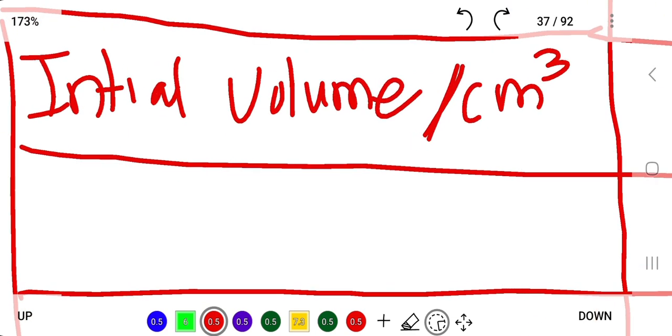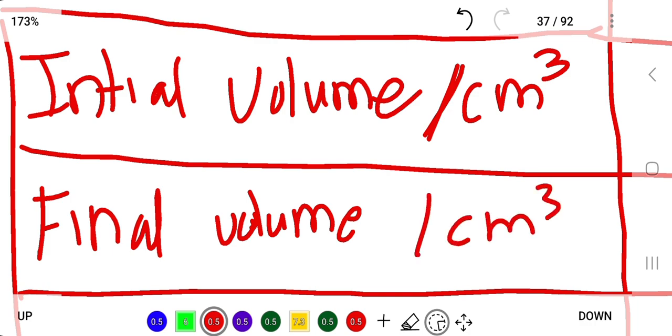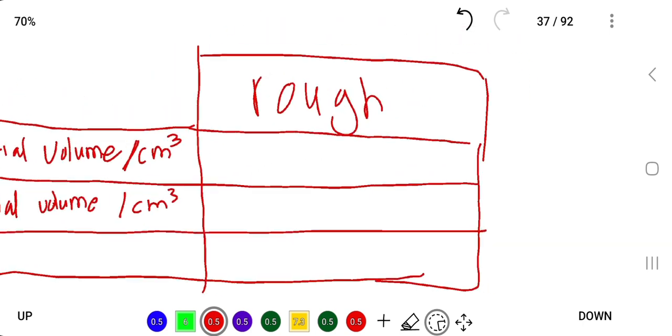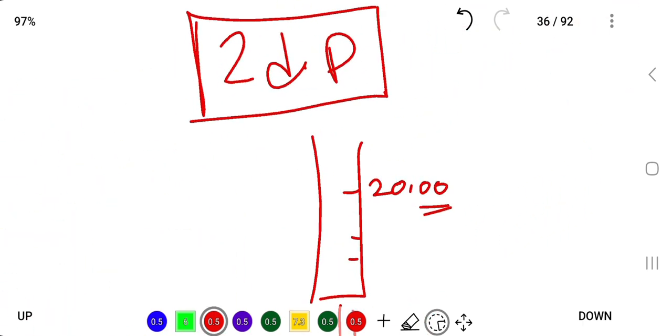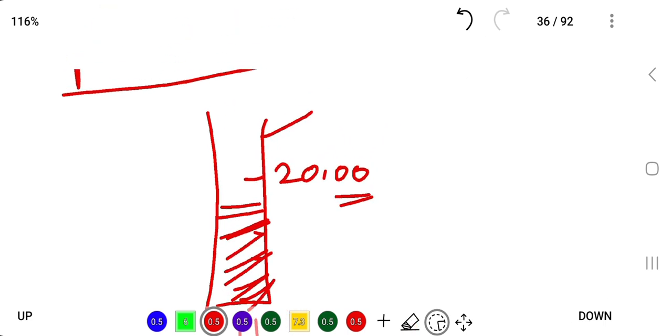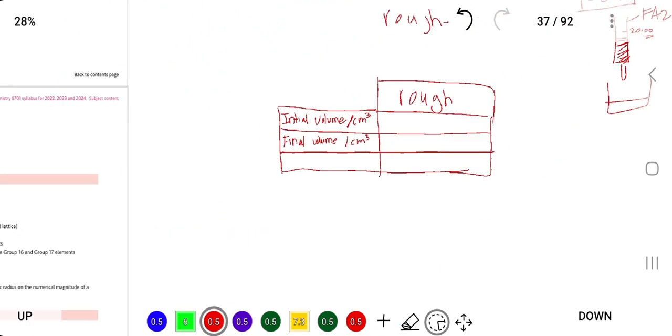Okay, so we know it's initial volume, and for sure we have a final volume as well. Final volume again, and then here will be the volume of whatever the amount of solution here. For example, let's say that this is Fa2. In the question they will mention if the burette was filled with Fa2, means you're using Fa2.